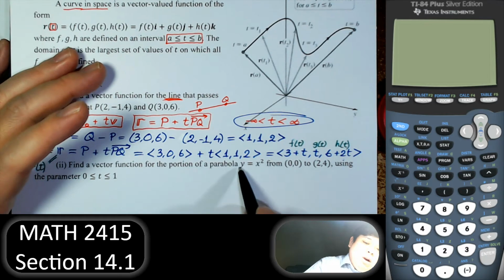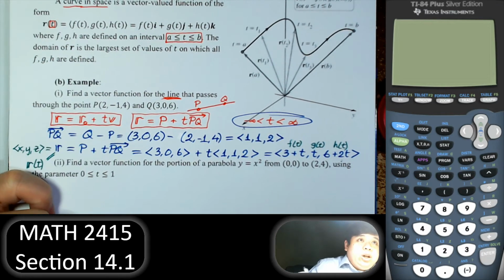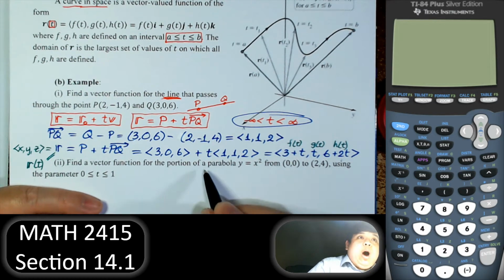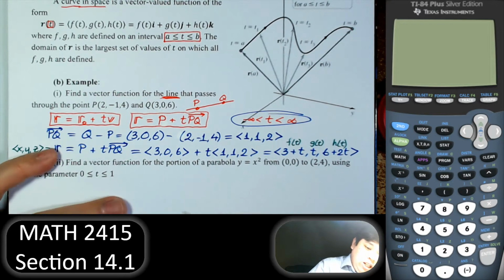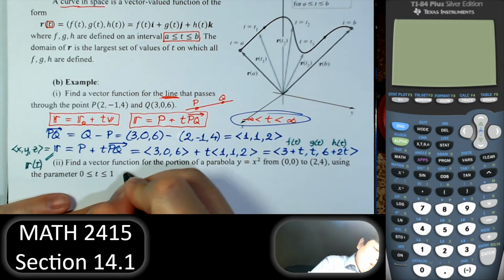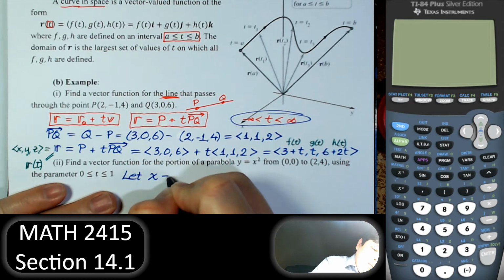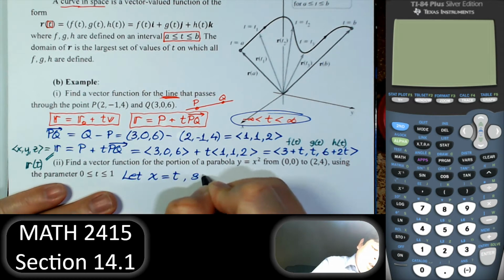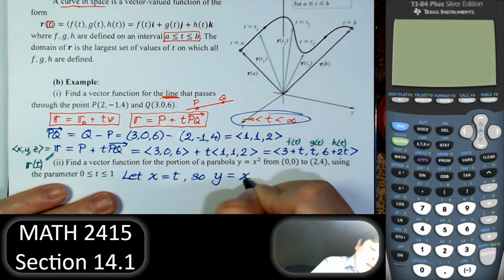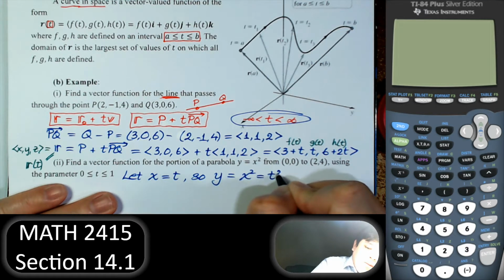If we have y equal to x squared, naturally we will let x equal t, then y equal to x squared will equal t squared. So that's a good choice. If we have a function like this, just let x be t, so y equals t squared.